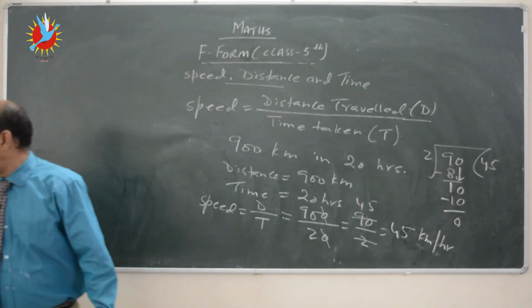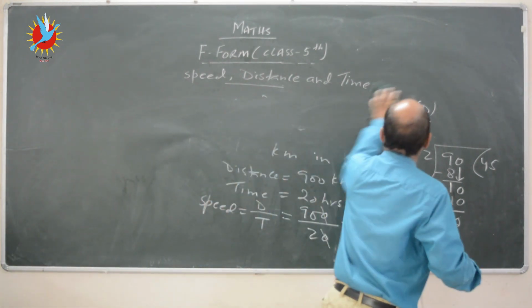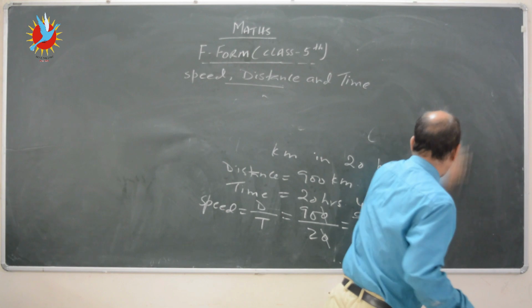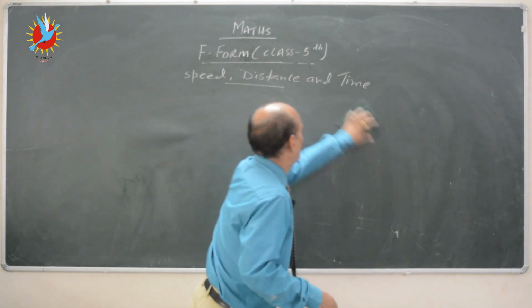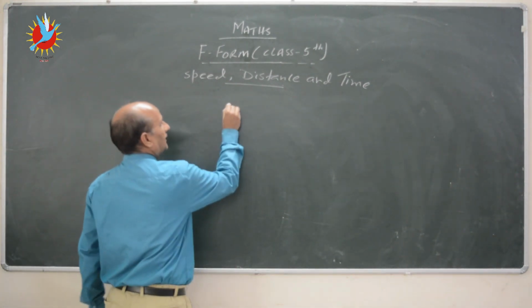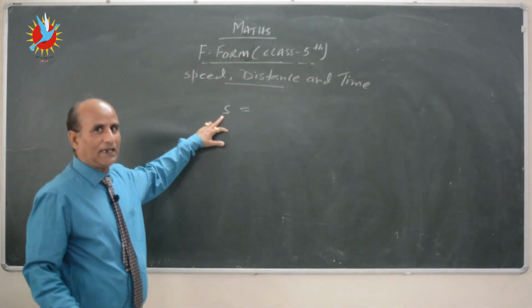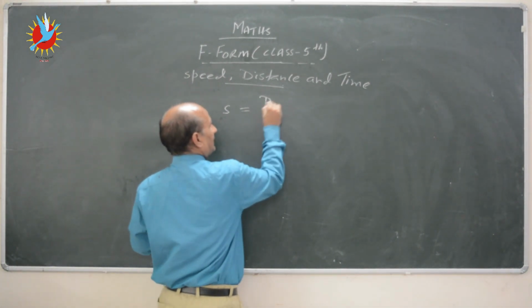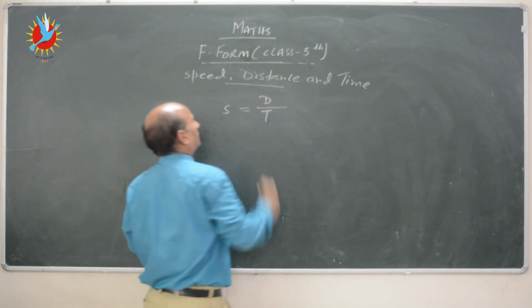Now how to find the distance when speed and time are given, or how to find the time when speed and distance are given. First, you know that speed, suppose we denote speed by s, is distance upon time.